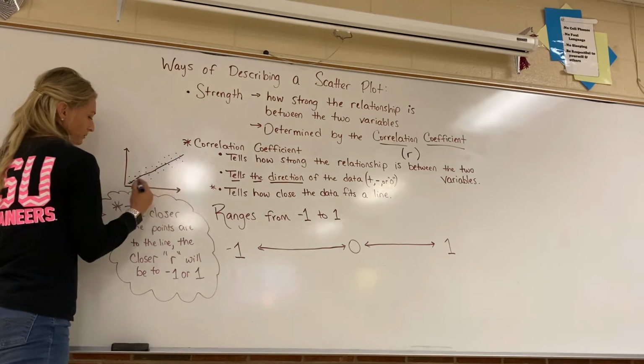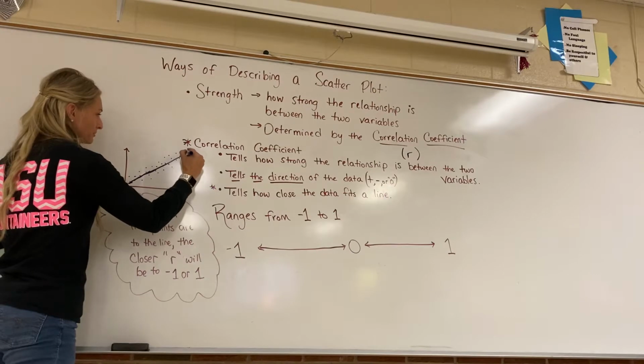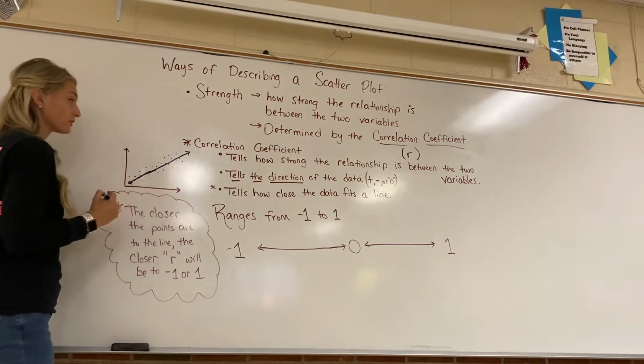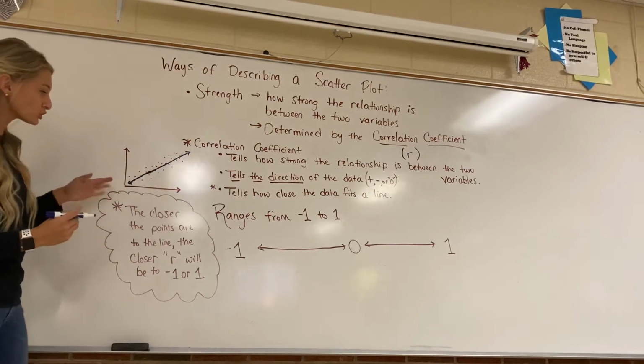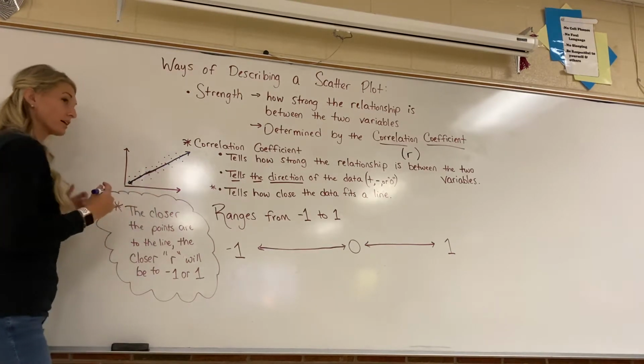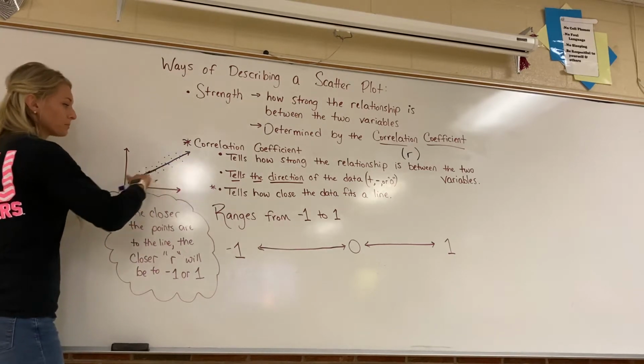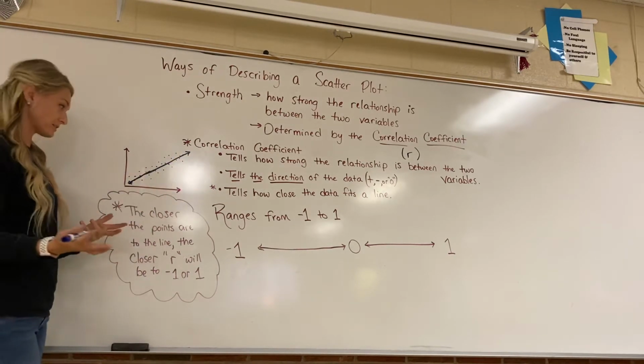I'll do the best I can at drawing a line that goes to the middle of them. So if I found the equation of my line and graphed it, it would look something like that. So the line of best fit, or what they call the regression line, should go kind of through the middle of your points.